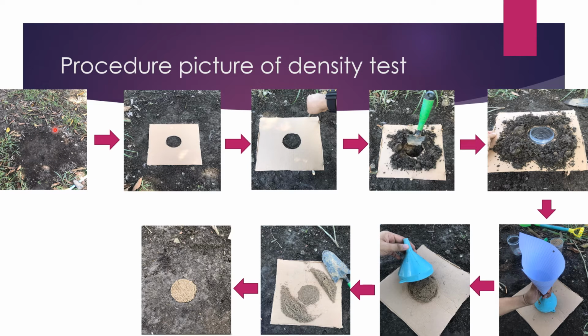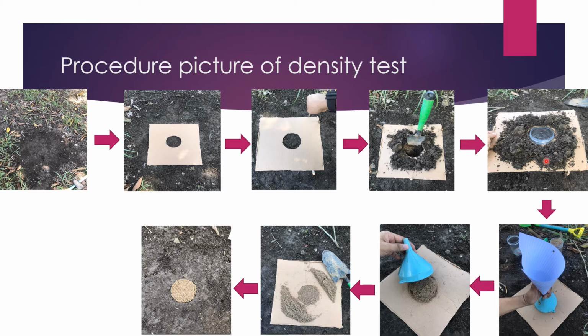To do this experiment, the first step is we need to find a location to excavate. Then we place the metal tray on the hole that we want to excavate. Then we lock the metal tray with steel pins to make sure the tray is not moving. Then we excavate the soil about three quarters of a hand.